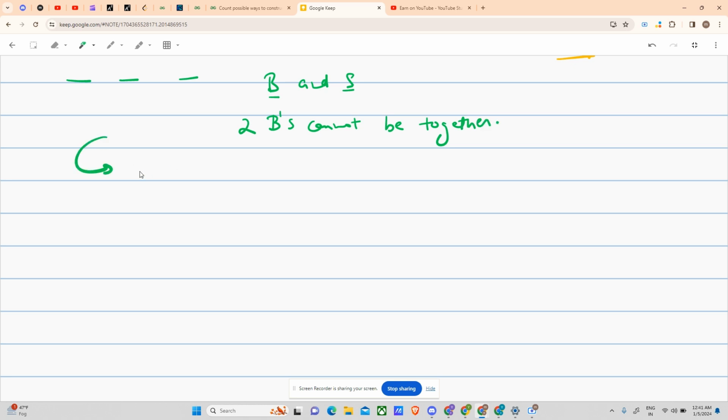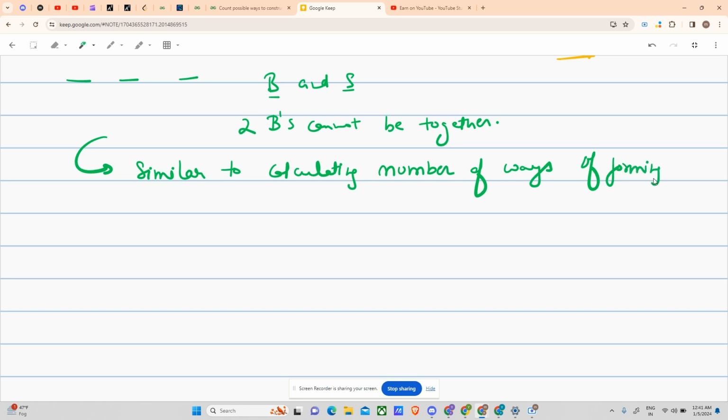Isn't it similar to calculating the number of ways of forming a sequence with the given condition? So I think this is a recursion problem.